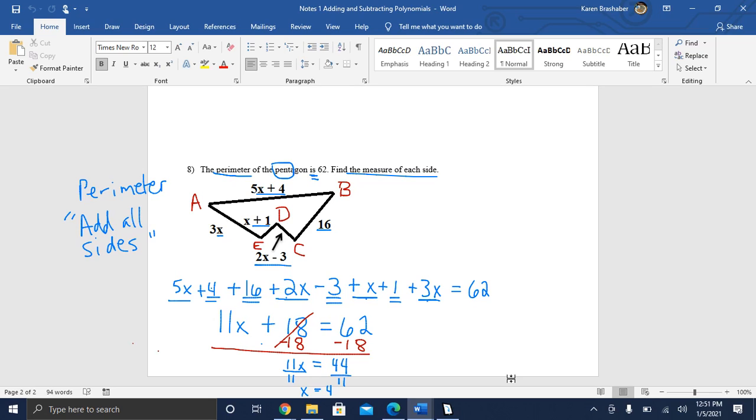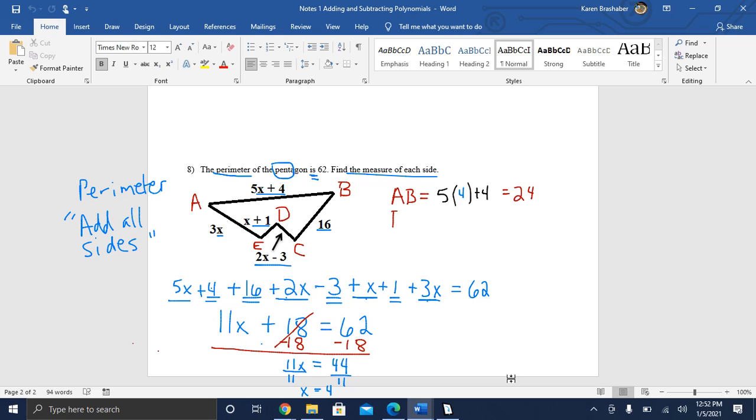And so side AB would equal 5x, now our x turned out to be 4. I'm going to put a parentheses where that x will go in. And since our answer turned out to be x equals 4, we'll have 5 times 4 plus 4. Side AB is going to equal 20 plus 4, or 24.